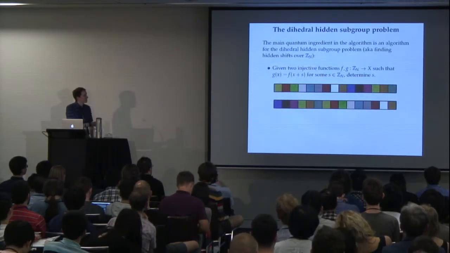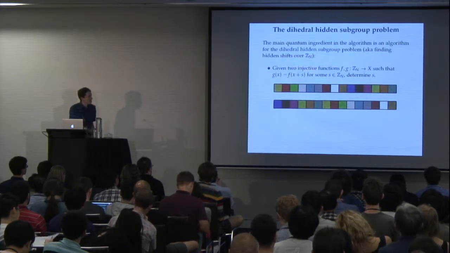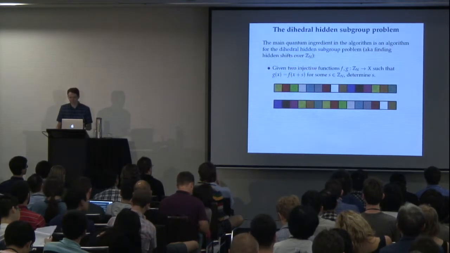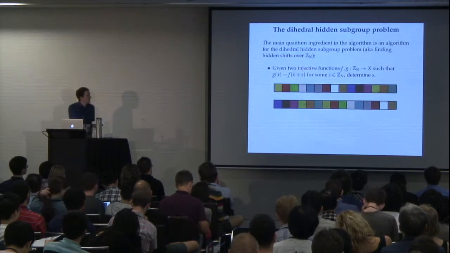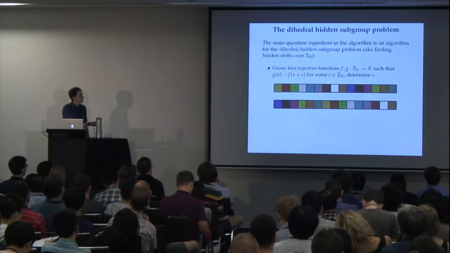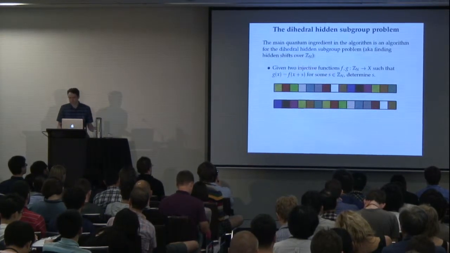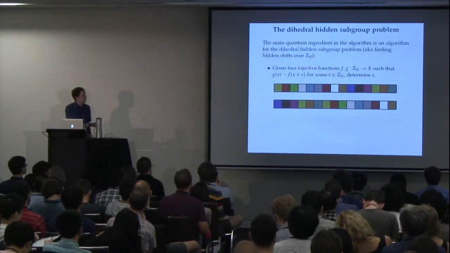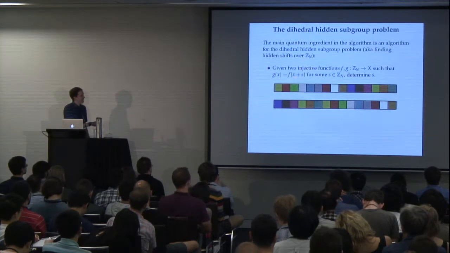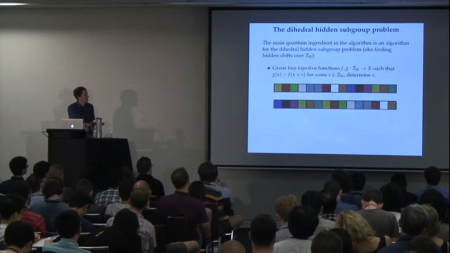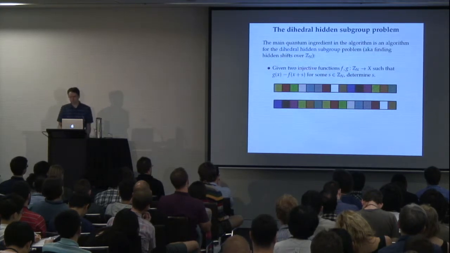And the way the dihedral hidden subgroup problem is defined, or at least the hidden shift variant of the problem, is that we're given access to two injective functions f and g, which map the integers modulo n to some set. And we're promised that g(x) is equal to f(x + s) for some hidden shift s between 0 and n minus 1.